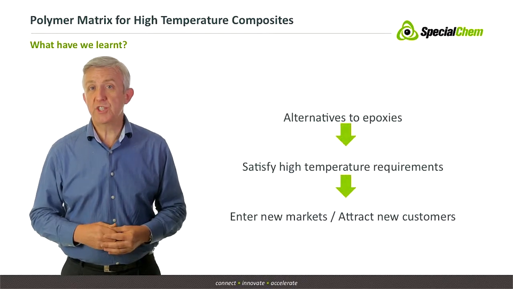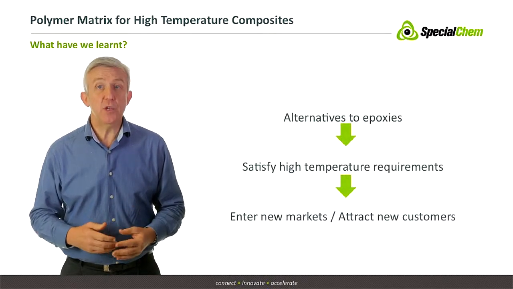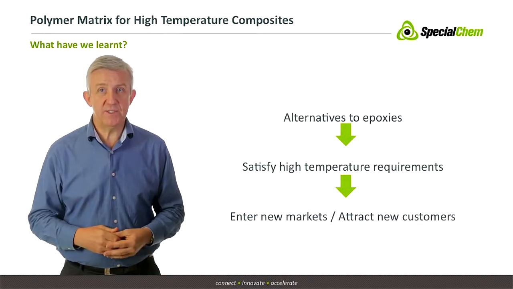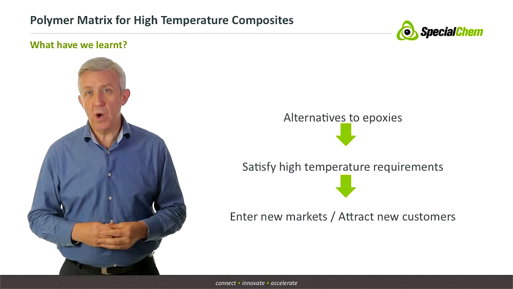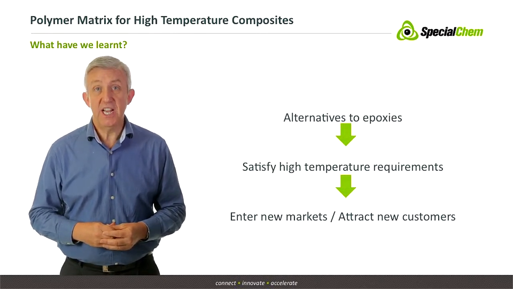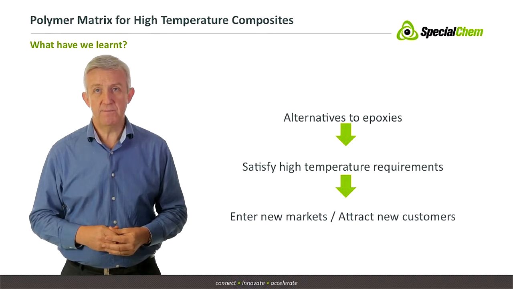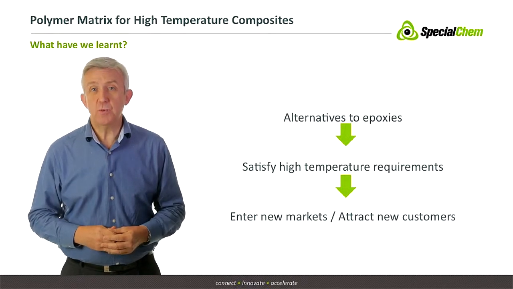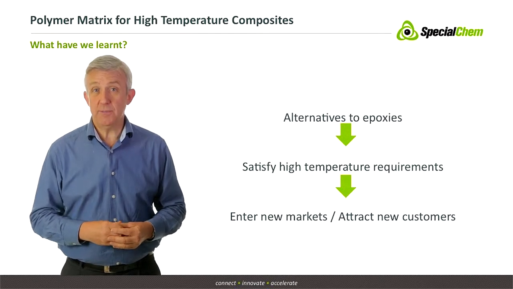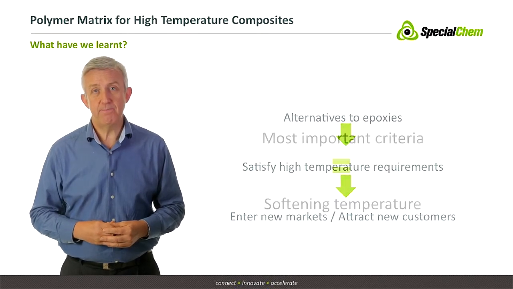We have introduced alternatives to epoxies for use in your high temperature composites. Those alternatives satisfy the temperature requirements of new applications for high temperature composites like commercial aircraft. As such, their use will allow you to enter these new markets and attract new customers to your business.